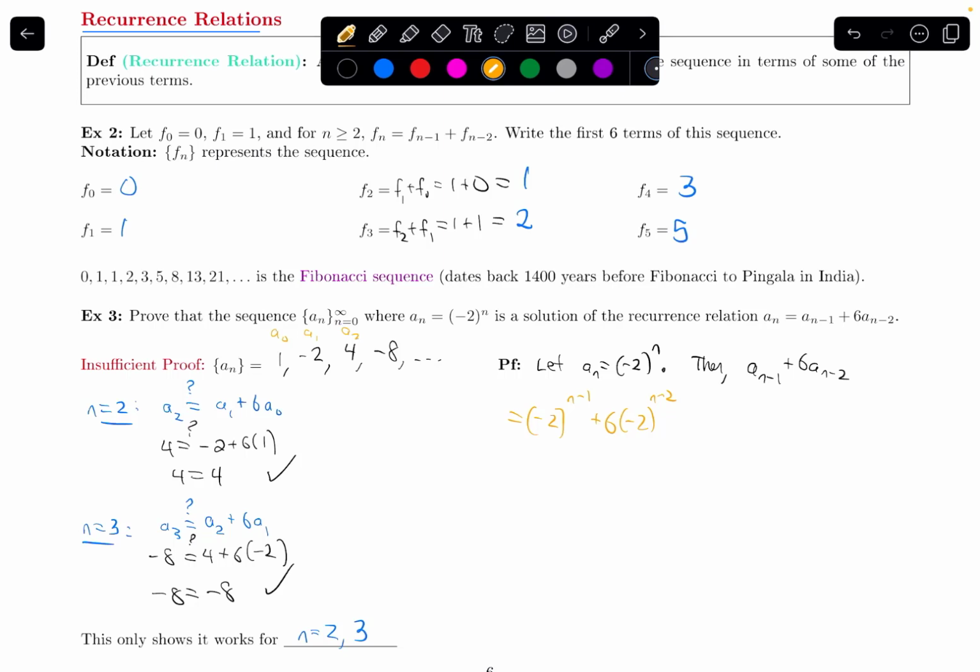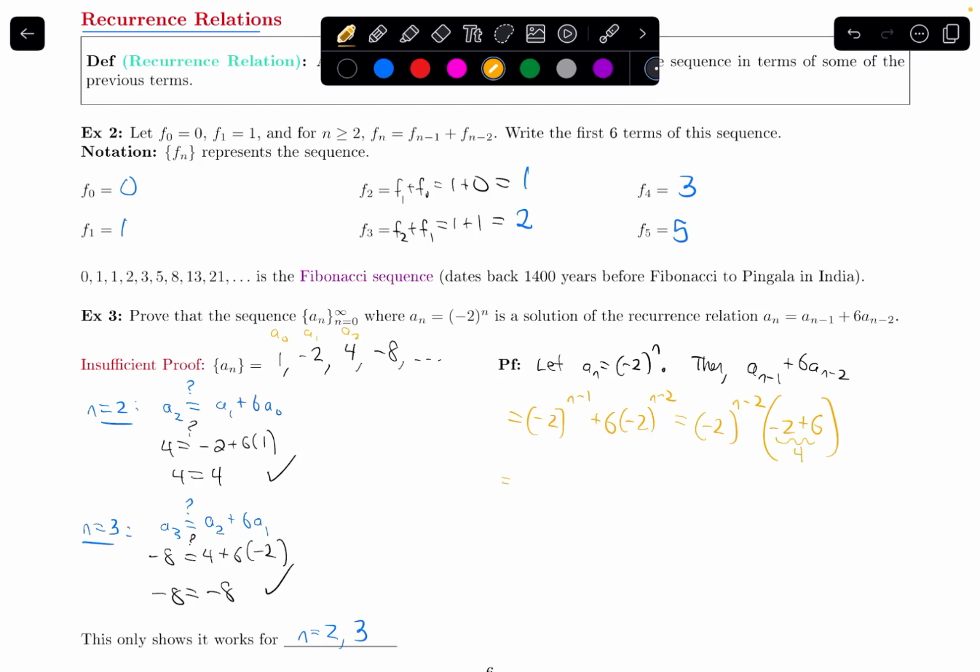Okay, so let's simplify this. I can factor out (-2) to the n-2, because that's the smaller of the exponents. When I do that, from the first term we'll be left with -2, and from the next term, plus 6. The thing in the parentheses will just become 4.